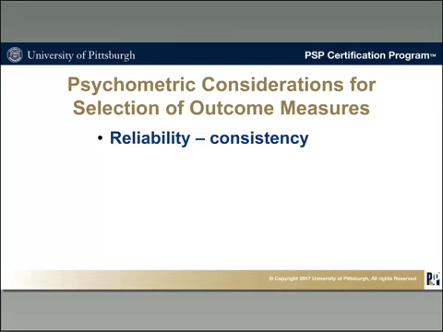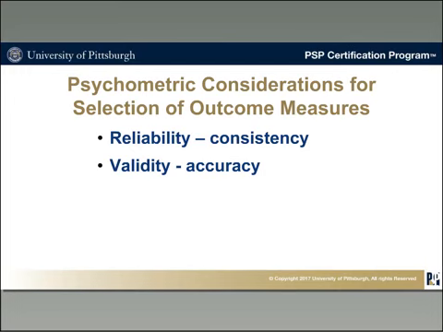So when we think about the psychometric characteristics for selecting an outcome measure, we have simple one-word definitions of reliability, which is consistency of measurement. That is, if the patient's condition does not change over the time where you're measuring them repeatedly, you should get the same scores.